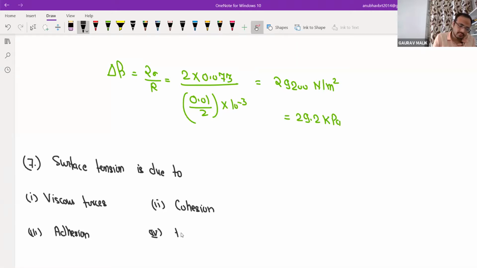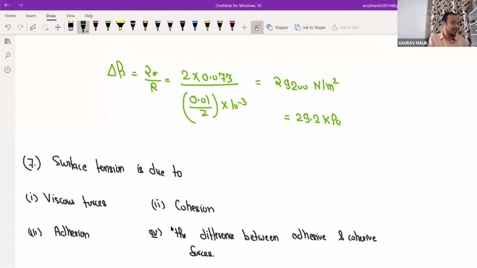And fourth one, the difference between adhesive and cohesive forces. One mark, easy marks. Which one is correct?